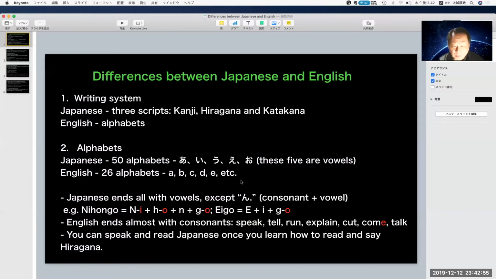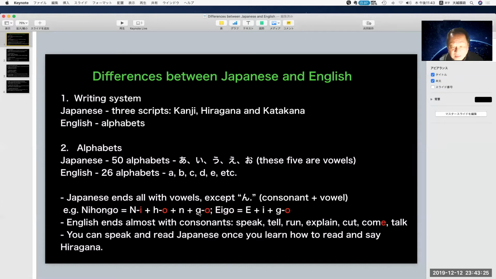For example, Nihongo, which means Japanese language, consists of N, which is a consonant, followed by the vowel sound I. So ni. Next one, ho, H is also a consonant, and this O is a vowel. N, this is exceptional.